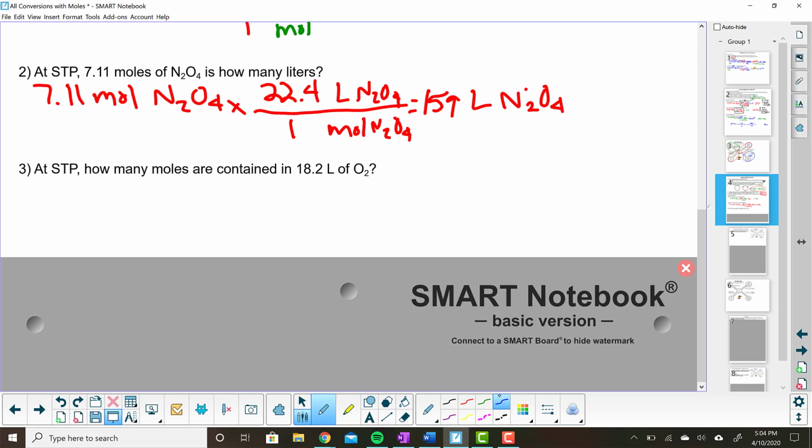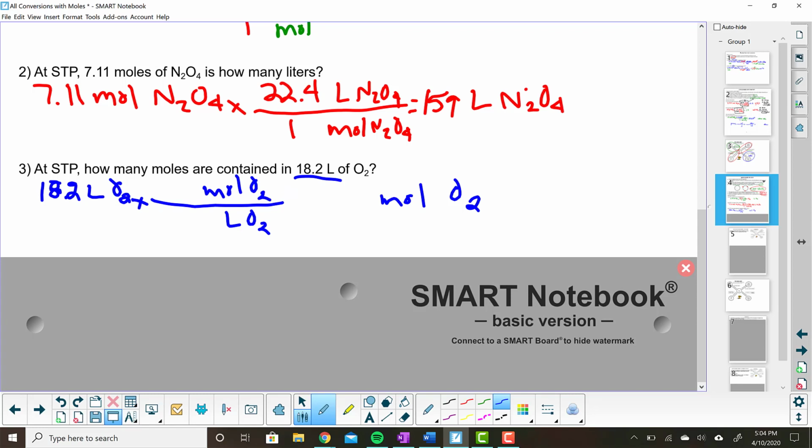What if, starting with liters, now I've got 8.2 liters of O2. Now I want to know how many moles of O2 that is. Well, again, I can set up my conversion. This time, liters of O2 is going to go on the bottom, while moles of O2 goes on the top. But it doesn't matter, remember, because I have a conversion factor. It doesn't matter which way is up, which is down.